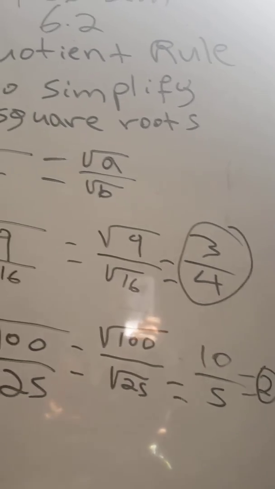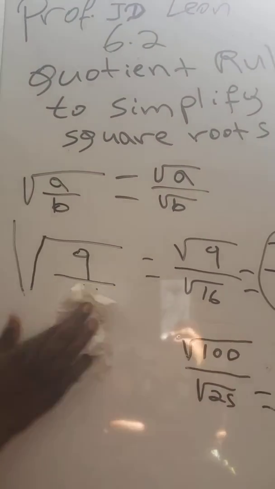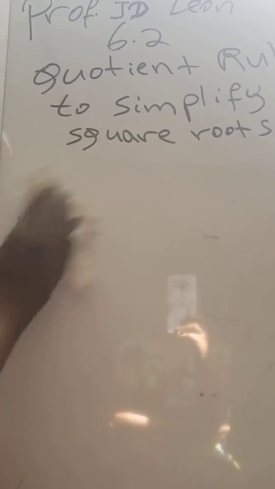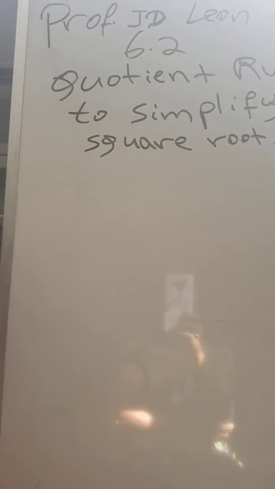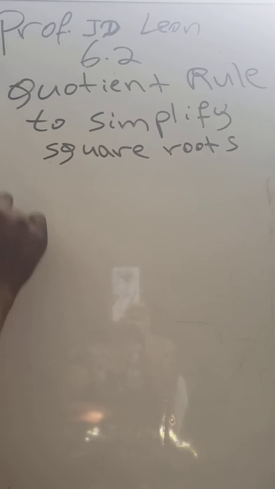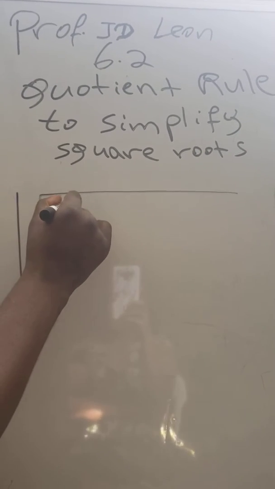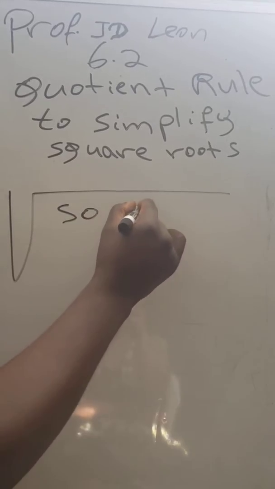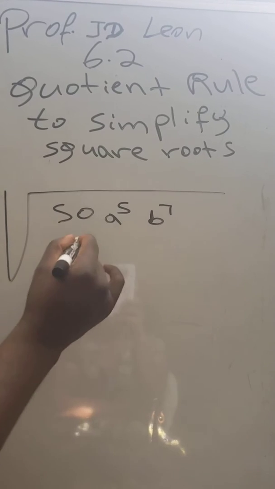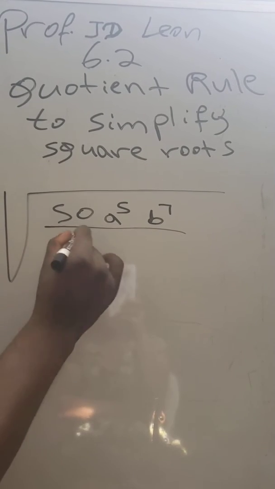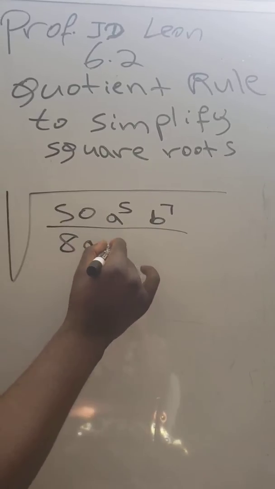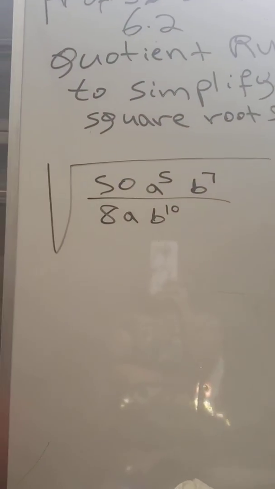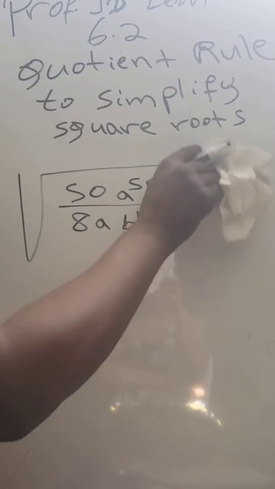Okay? We could use one more example with numbers and expressions together. So if you had the square root of 50 a to the 5th power b to the 7th power, over 8 a b to the 10th power, for example, then you already know we can rewrite that.